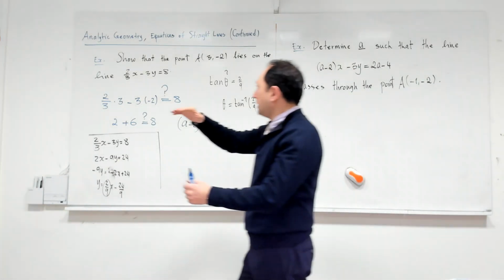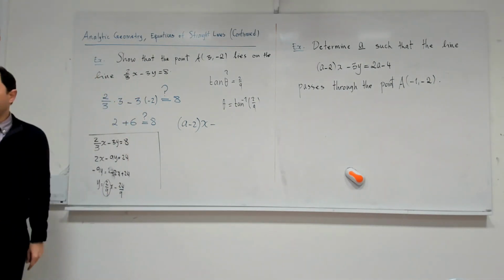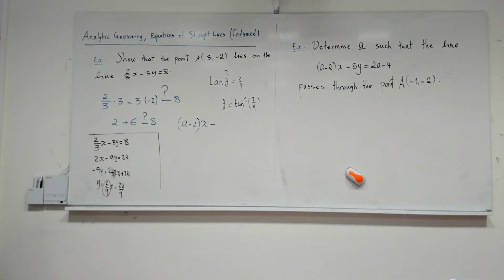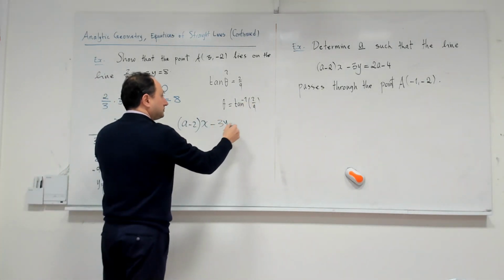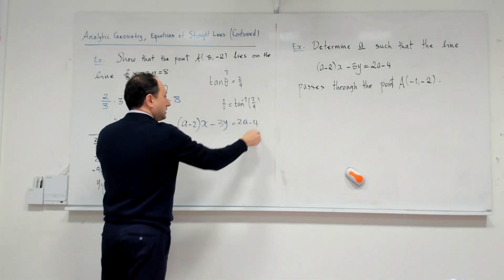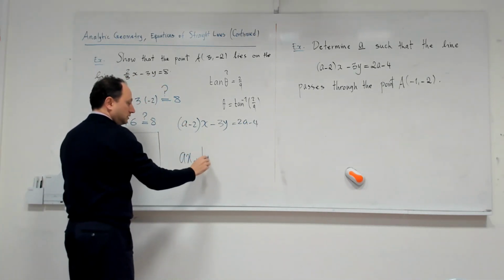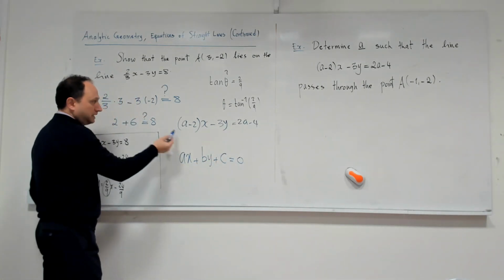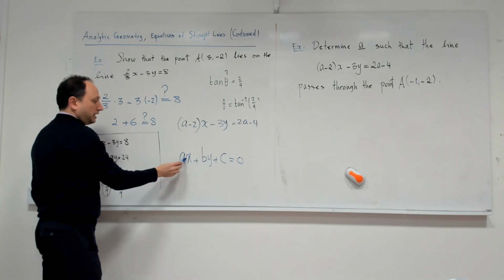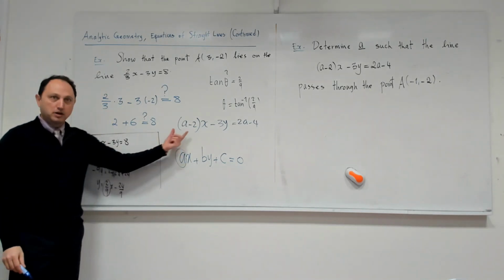And I want to fine-tune them in a way that it passes through minus 1 and minus 2. Yes? Okay, let me write it here for you and compare this equation with the general form. Can you tell me what is playing the role of A in this equation? A minus 2.